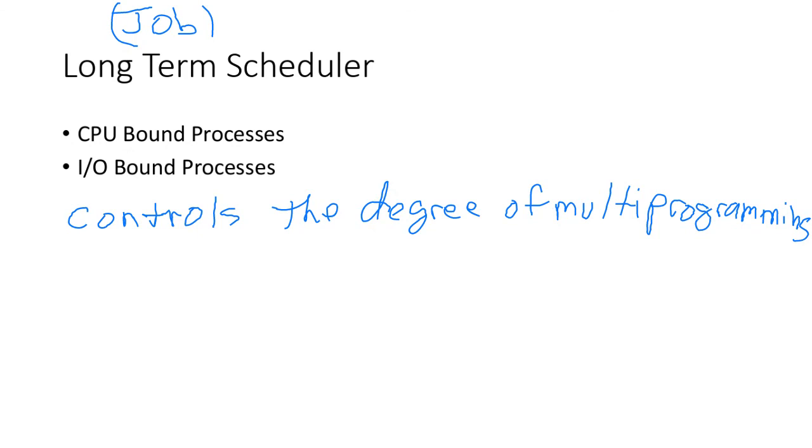It harks back to the days when you basically had a batch processing system, and there was only a certain number of programs that could be loaded into memory. You had multi-programming, but you couldn't just create another process and have as many processes in main memory as you want.